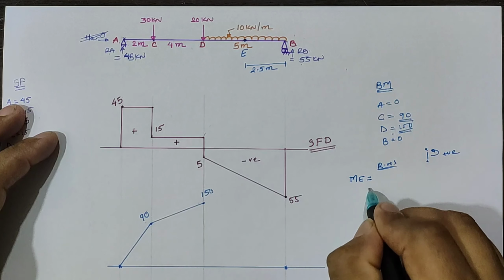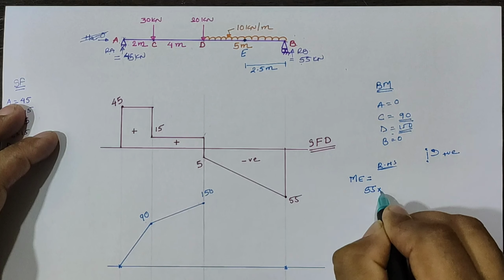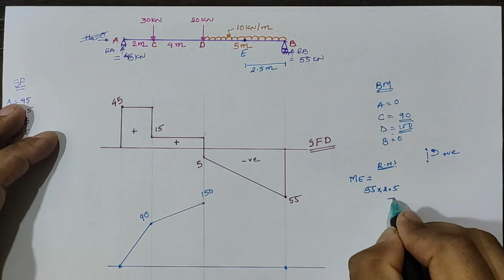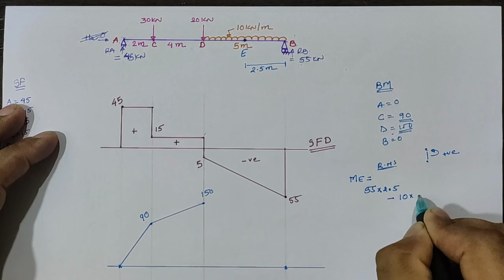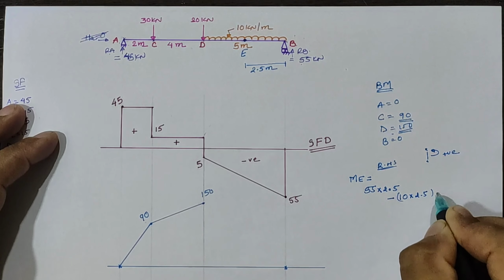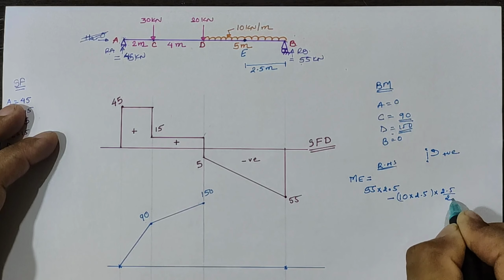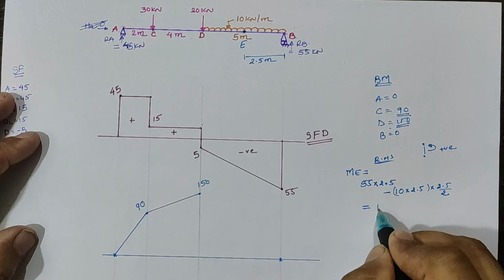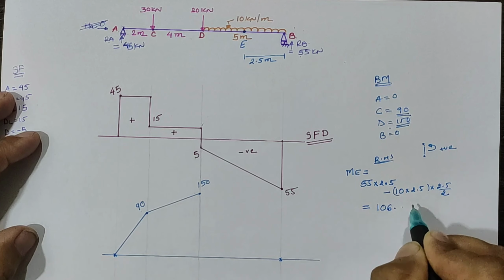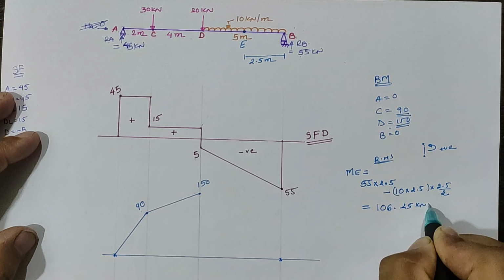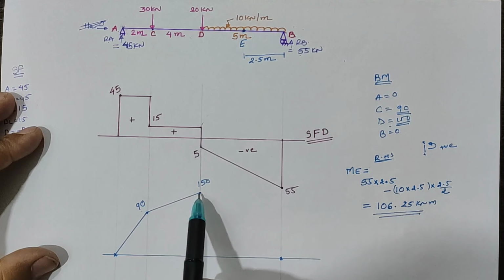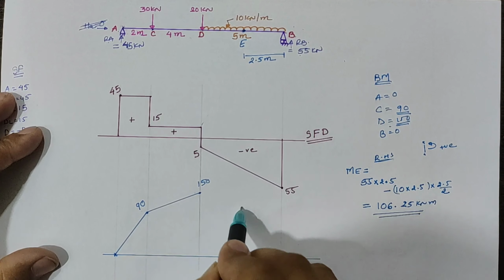Hence for moment at E the value is 55 into 2.5, and for the UDL it is clockwise, hence the value is negative, and the UDL is 10, with total load 10 into 2.5, into 2.5 by 2. Hence the total value is 106.25 kilonewton meter. Now exactly at the midspan of the UDL our value is 106.25.